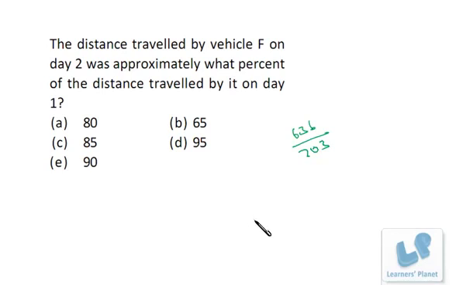Since we need an approximate idea, I make it 700, and we have to find the percentage. 7 nines are 63 and it will be something around 90 to 91%. Since we have to calculate the approximate answer, our answer must be 90, because other options are quite far from this. I'm sure you are getting me.